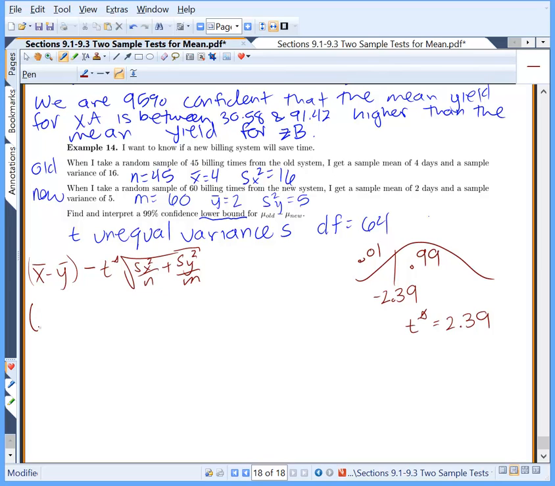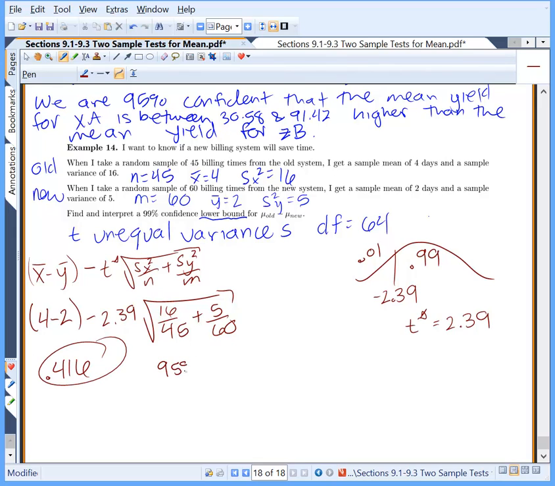Again, the biggest thing you need to make sure you do here is that you subtract them in the correct order. So because we want to do old minus new, we need to do 4 minus 2 for my means. Minus the critical point times the square root of, let's see, my first variance is 16 over its sample size. Next variance of 5 over its sample size. Okay. And so this gives me 0.416.